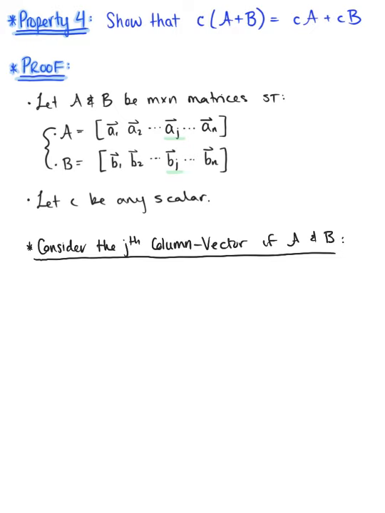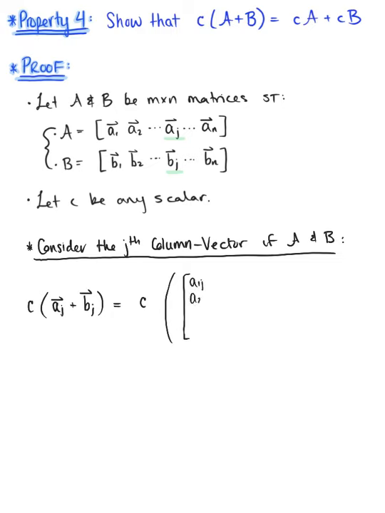So here we go. Thinking about that jth column vector, we have the scalar C multiplied by the sum of the jth column vector of A plus the jth column vector of matrix B. So another way to think about this is scalar C multiplied by the column vector A. So we have the entry in the first row jth column.